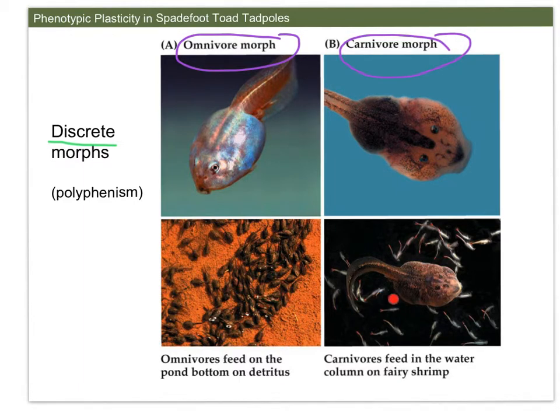Or if you're in a hurry, you better metamorphose into this monstrous carnivore and start eating the other tadpoles around you. Okay, so again, two different morphs from genetically identical individuals. You can take the same eggs from the same individual, and the offspring may develop into these discrete morph types depending, again, on these environmental circumstances.